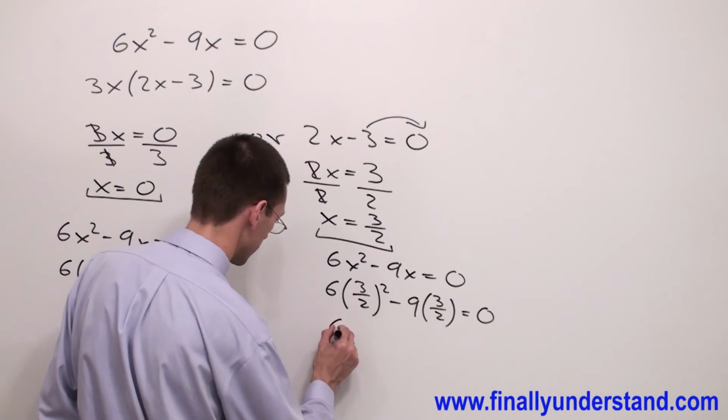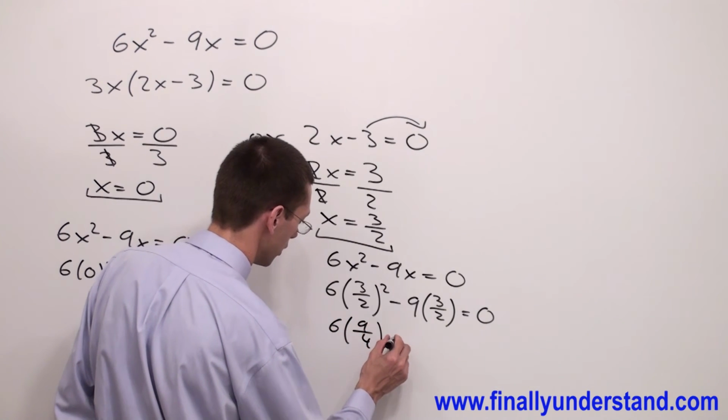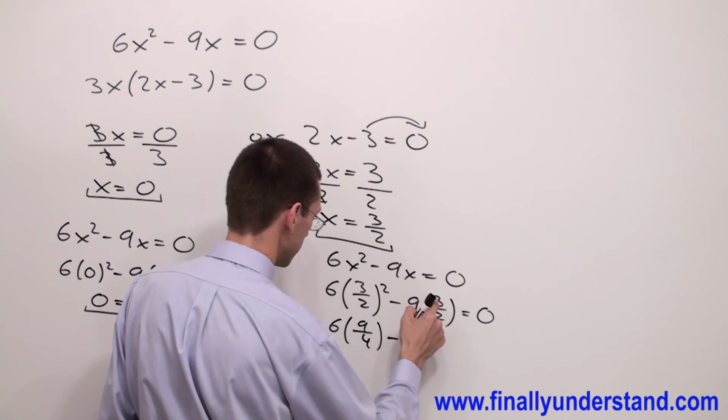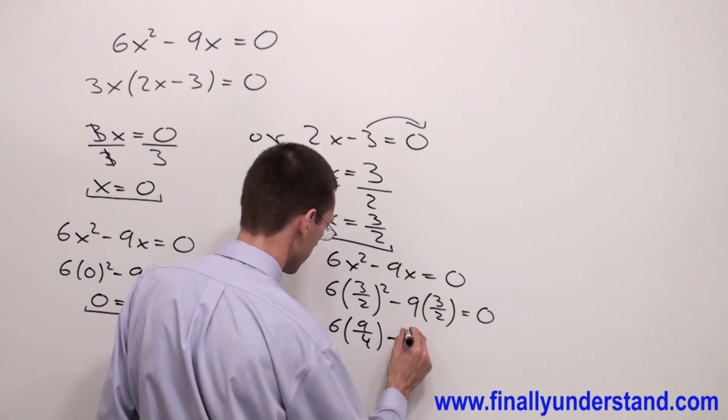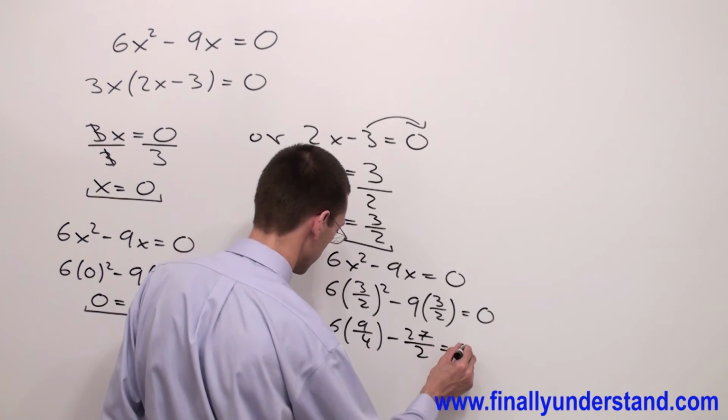We have 6 times 9 over 4 minus 9 times 3 is 27 over 2 equals 0.